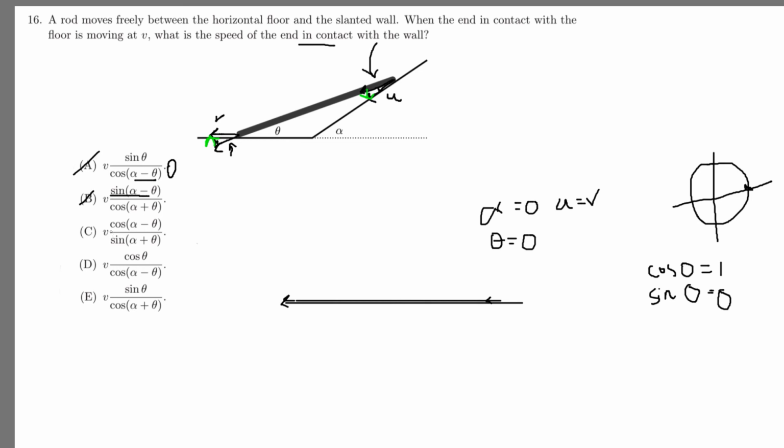This one, cosine gives you a 1 on top, which is good, but then the sine gives you a 0 in the denominator, which means it would be approaching infinity. So definitely not this. D seems like a good candidate because we have cosine over cosine, which is 1 over 1. That one looks good. And E doesn't seem right either. Sine on top means we'll get 0 at the end. So already we've eliminated everything and we've resulted in D.